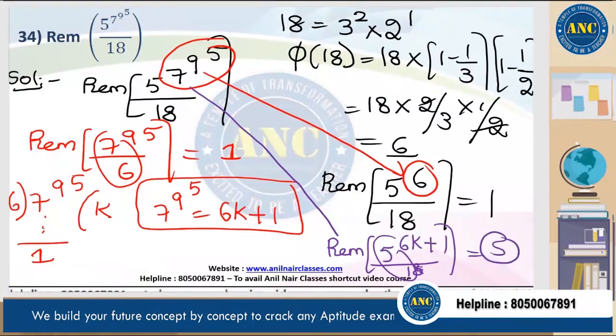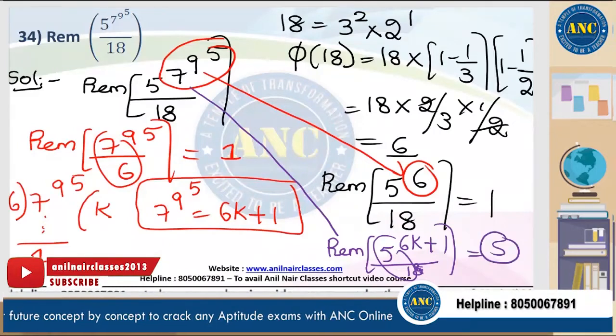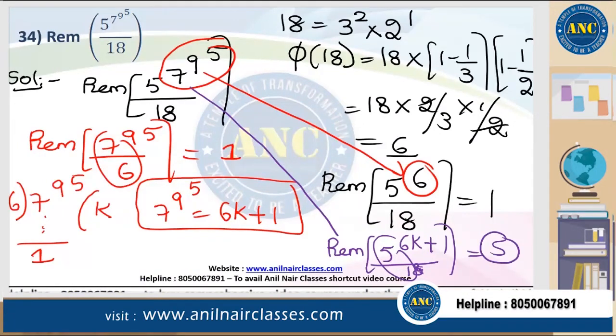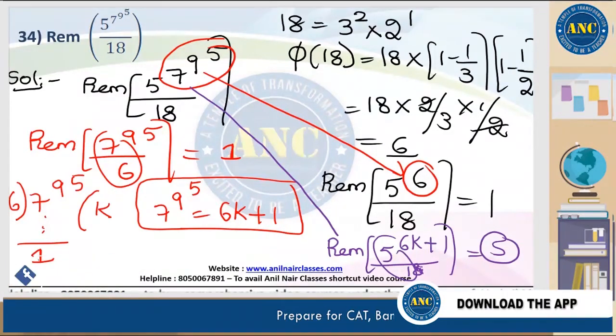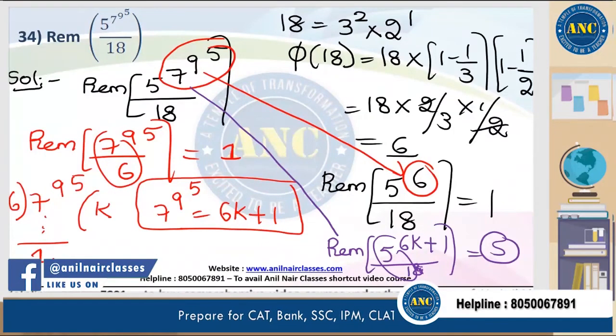Some of the very advanced level questions in remainders can be solved in fewer steps and less time by using Euler's theorem. Euler's theorem is used when the denominator is a composite number.